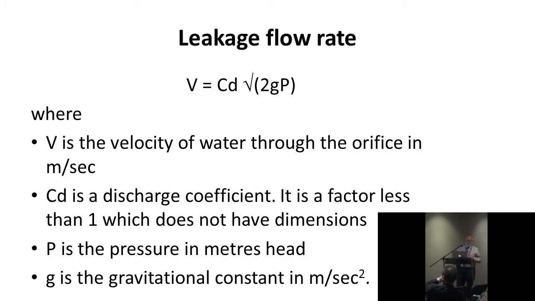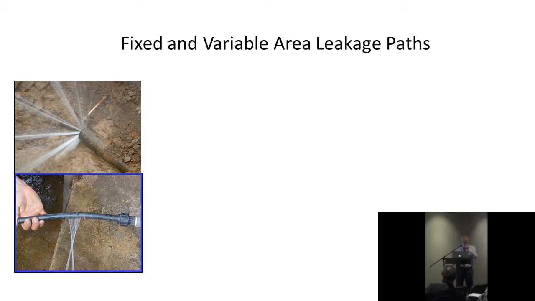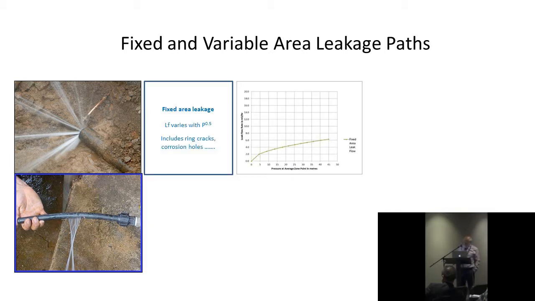I'll go through some of the mechanics. This is a very simple formula for the loss of water through an orifice, a fixed orifice, so that shows that the volume lost is proportional to the square root of the pressure. But in practice, we find that not all leaks behave like that.